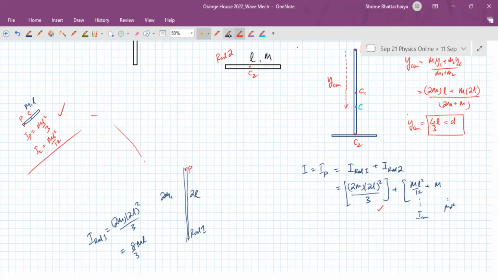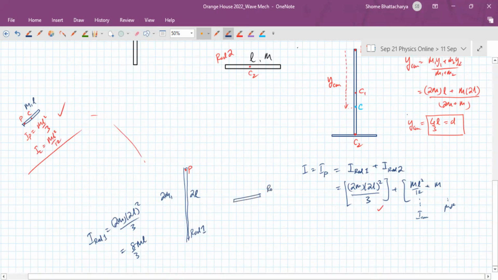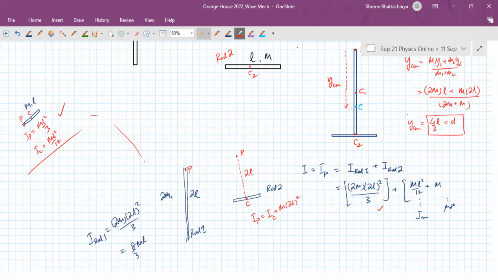Now the second term comes by parallel axis theorem. So rod 2, the point P is over here, at a distance of 2L from the center of mass. So IP is equal to IC plus M into 2L whole square. So that's for the second rod.